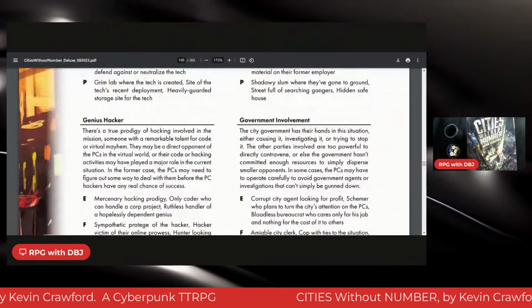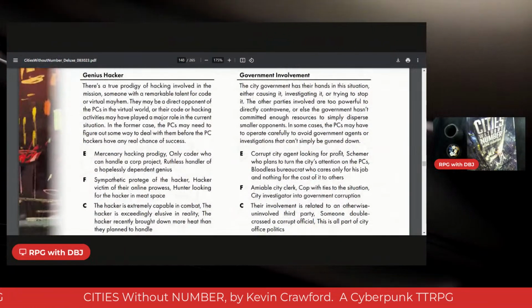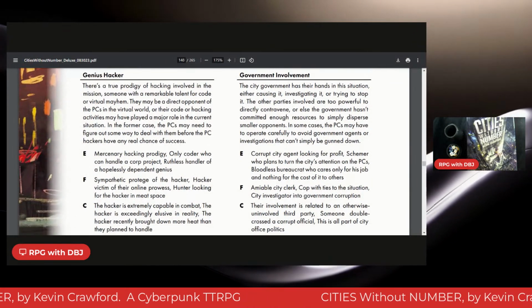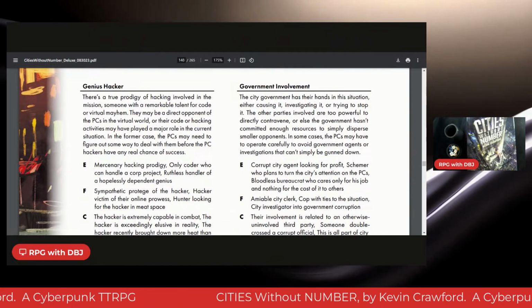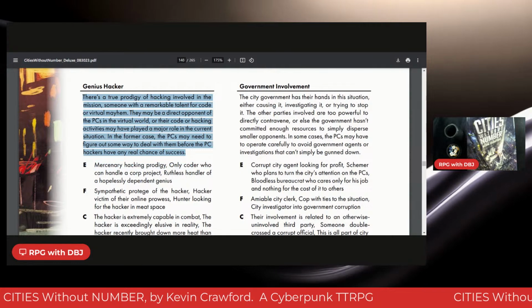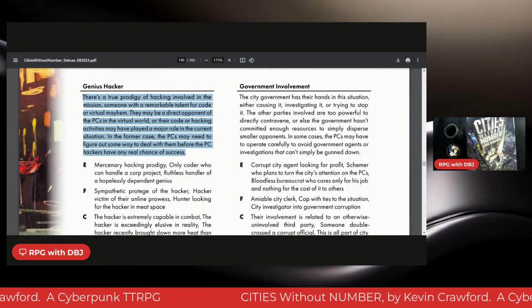Oh man. But anyway, as you can tell, I'm paging through a bunch of these prompts, right? Say you want to use a story prompt. You find Genius Hacker, and you're like, man, I'd really like to use the Genius Hacker prompt. What are some stories I can tell?